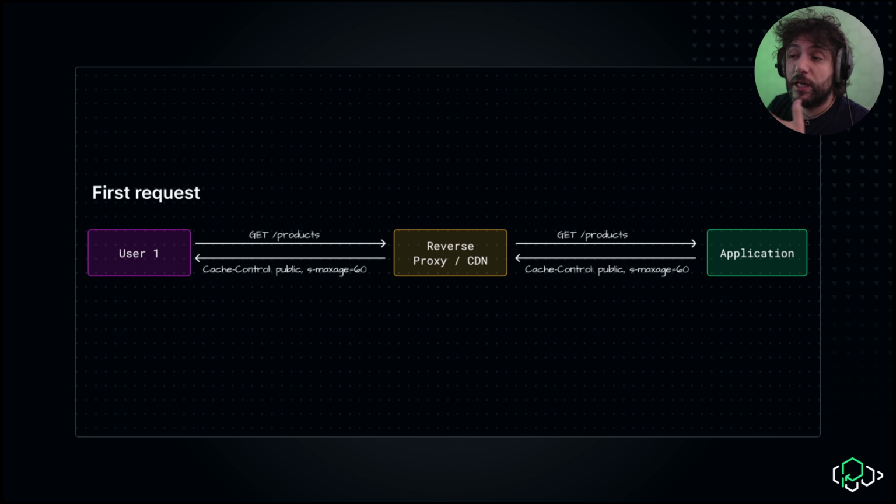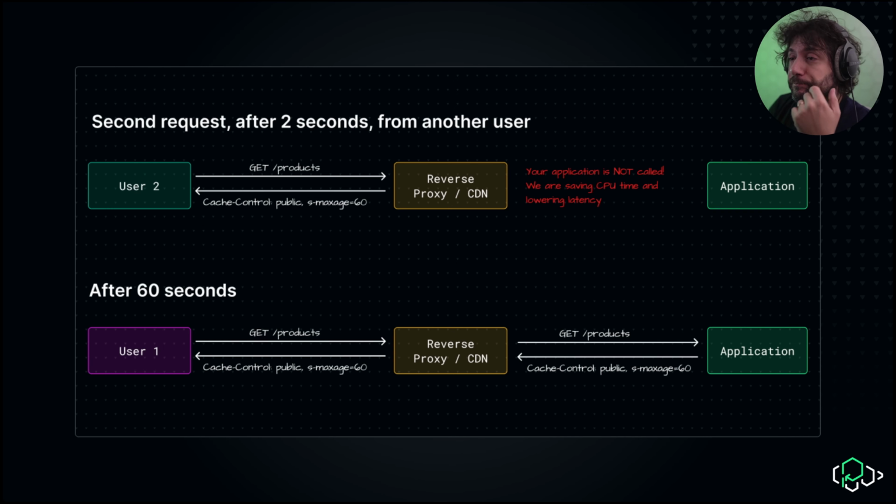So the cache can keep that alive for 60 seconds. If another request comes in on the same server during that time, the server can serve that request directly without calling the application again. Pretty good. After that timeout has passed, the cache is expired, and therefore your application will receive the request again.